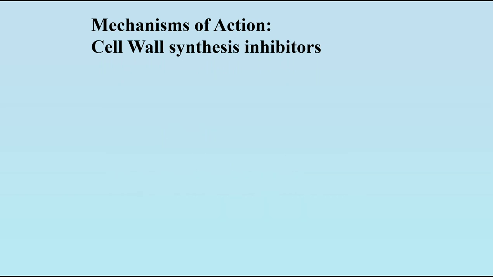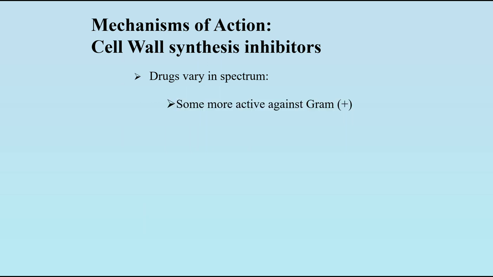Right. So moving towards the cell wall synthesis inhibitors, the drugs vary in spectrum, which means that some of the drugs are more active against gram positive bacteria, and some of the drugs are more active against gram negative bacteria.